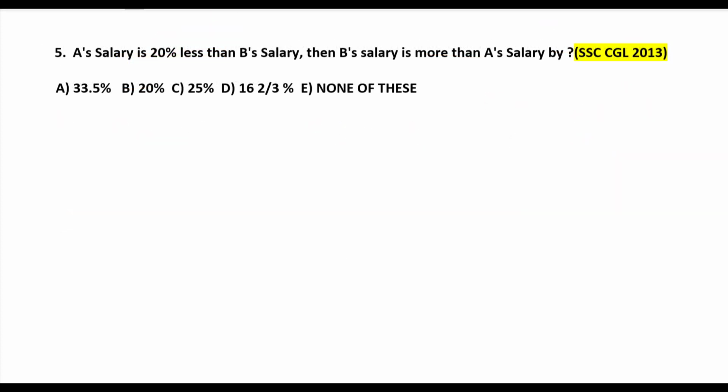Fifth question, A's salary is 20% less than B's salary, then B's salary is more than A's salary by. So let's solve. From the question we understand that A's salary is lesser than B's salary by 20%. And we have to find how much more is B's salary than A's salary.